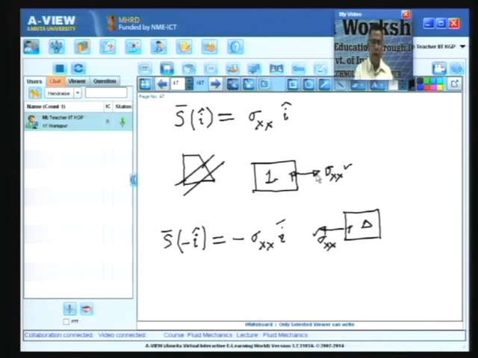If you add this force and this force together, the net force is 0. You can view this as a statement of Newton's third law. So, I can write this as minus S of I.